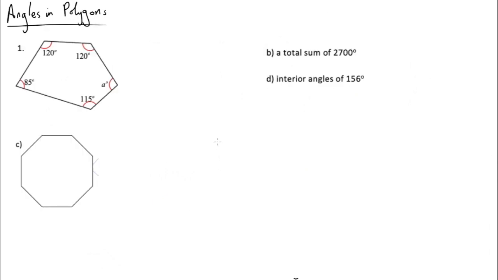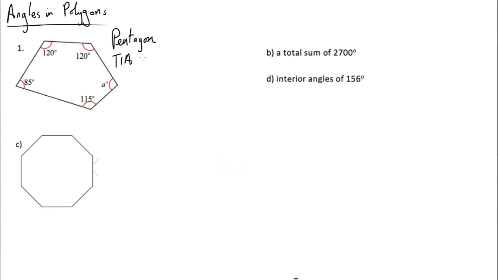So here are 3 questions for us to have a look at. The first one, I have an irregular polygon, and I want to find what A is. So I have 1, 2, 3, 4, 5 sides. So it is a pentagon. What I'm going to do is work out what the total interior angle should be for a pentagon.